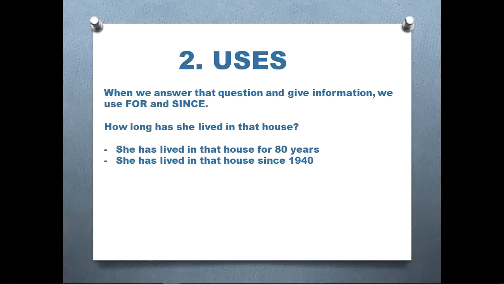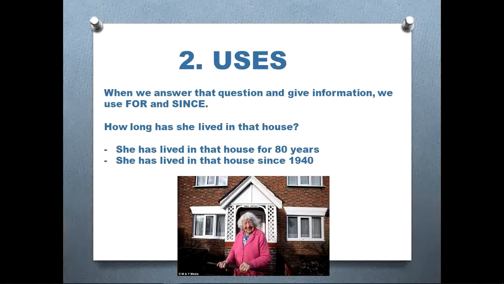So if we have a question like how long has she lived in that house, we can answer it in two different ways and say she has lived in that house for 80 years or she has lived in that house since 1940. We are really expressing the same idea, but we are using two different words, for and since.